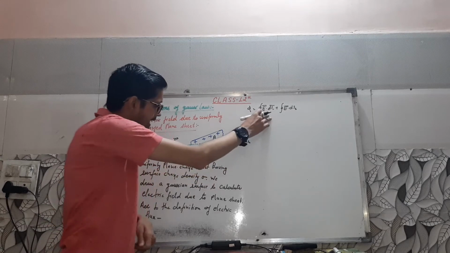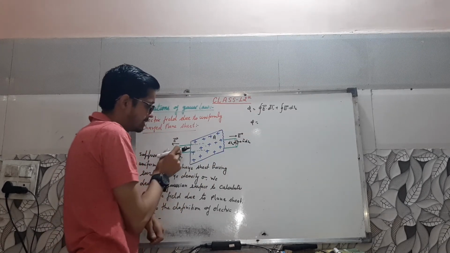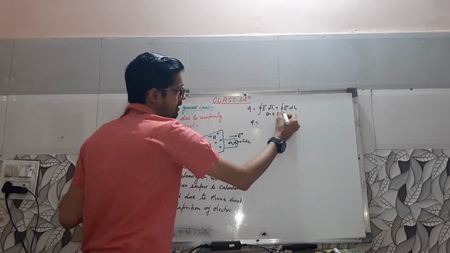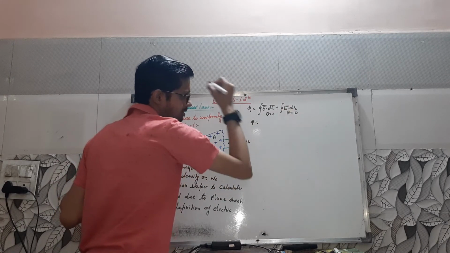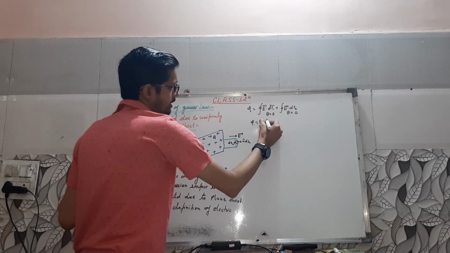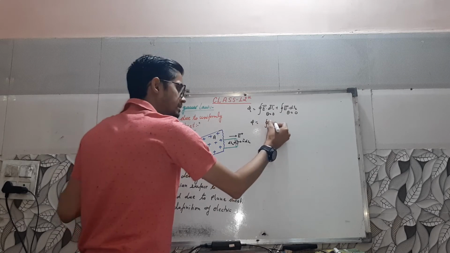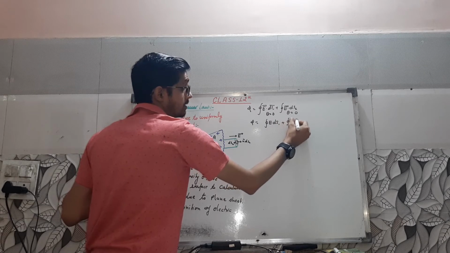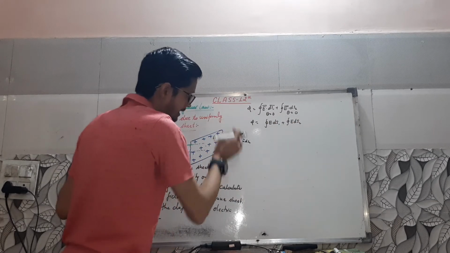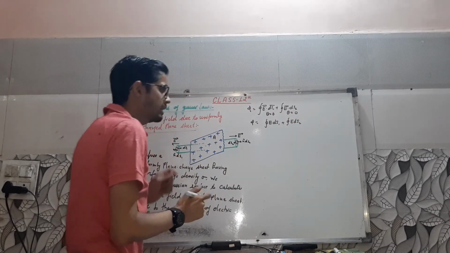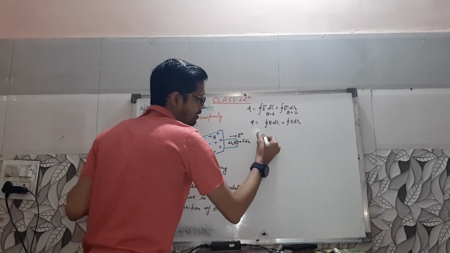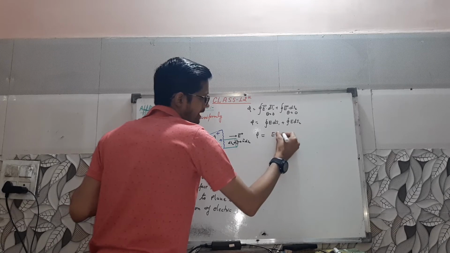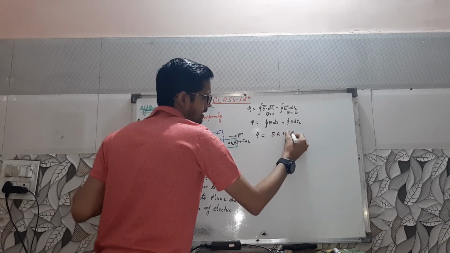Now what is the angle between this surface? Answer is 0. Here theta is again 0. So integral EDS plus integral EDS. Now ds1 and ds2 are equal. So phi will be equal to E A plus E A.